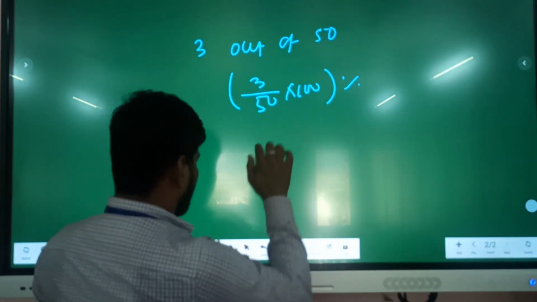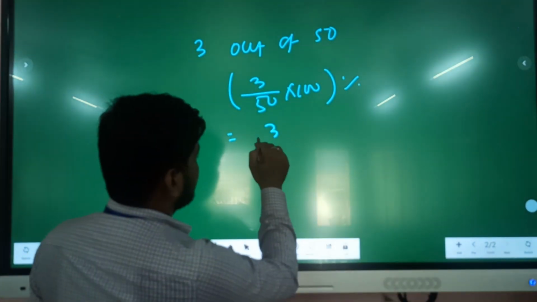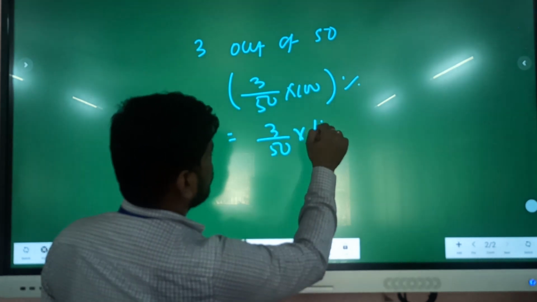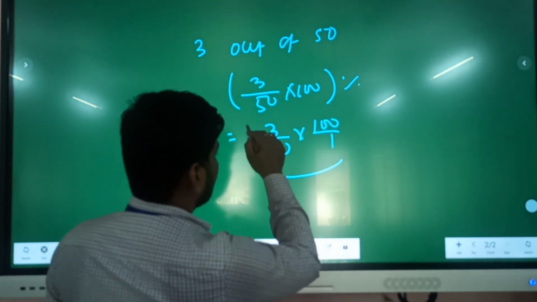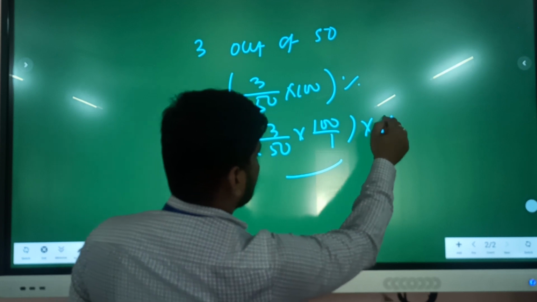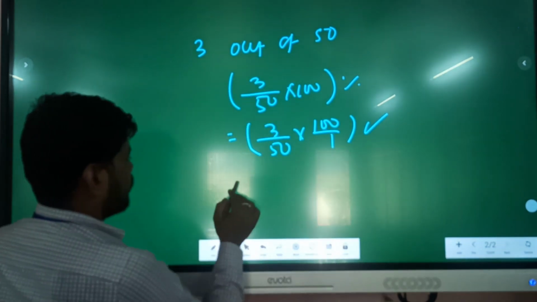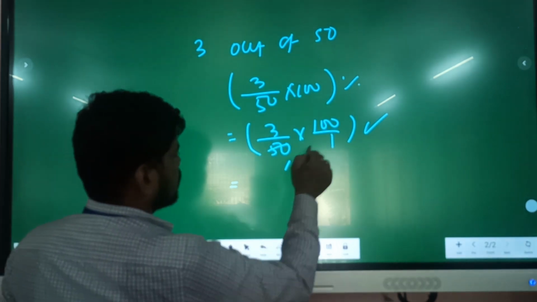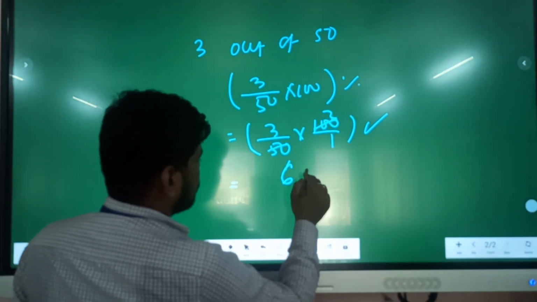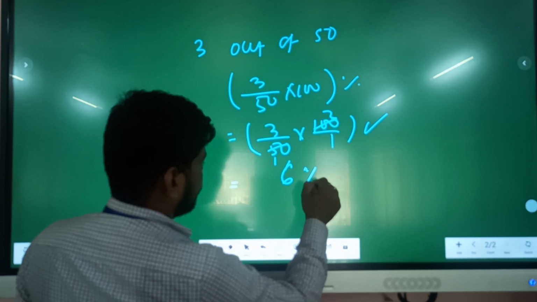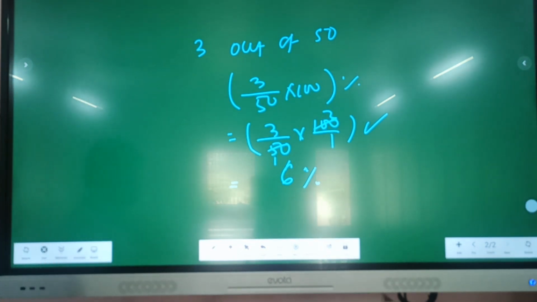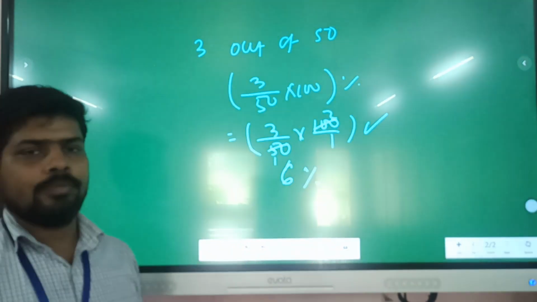After solving it, you can find that 3 upon 50 into 100 upon 1 percentage. That is 6%. So I have secured 6% mark.